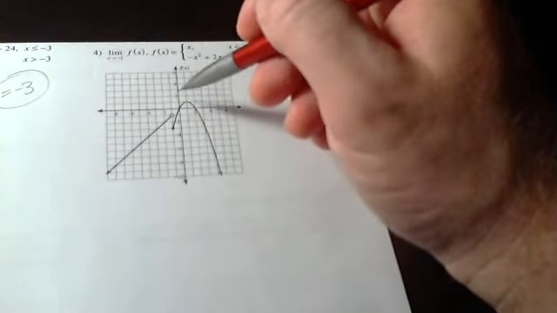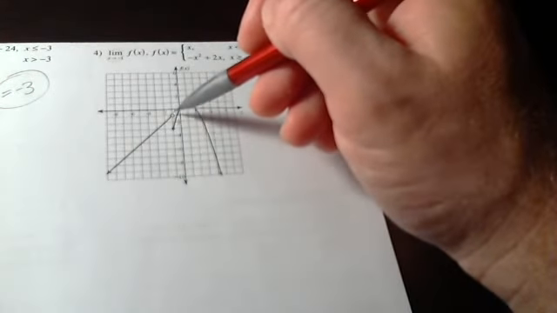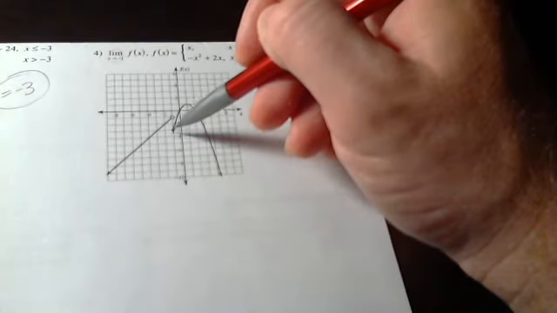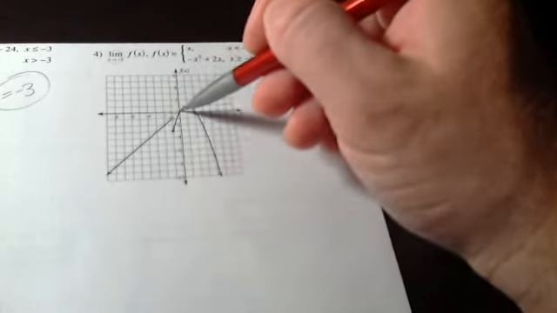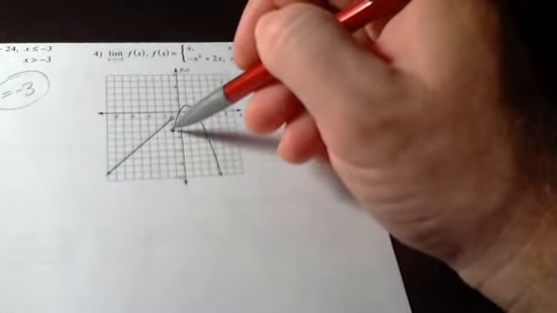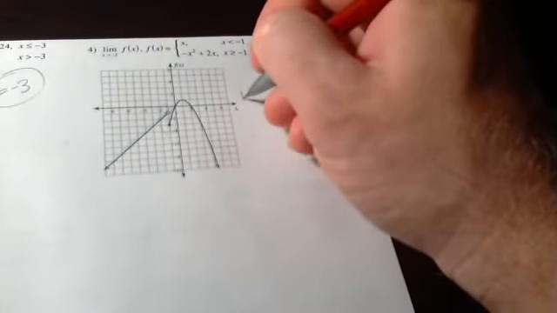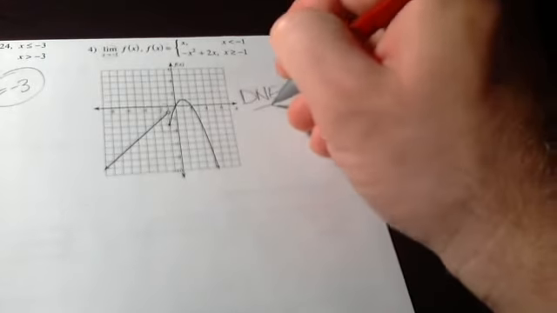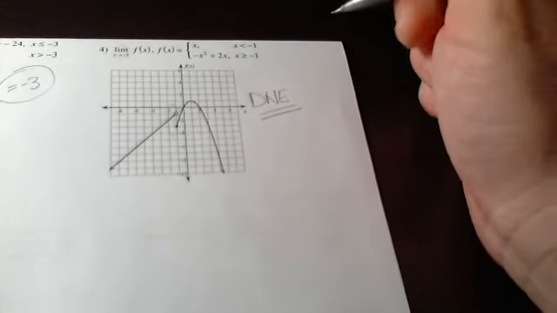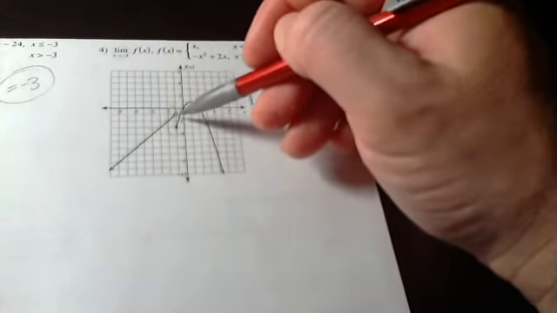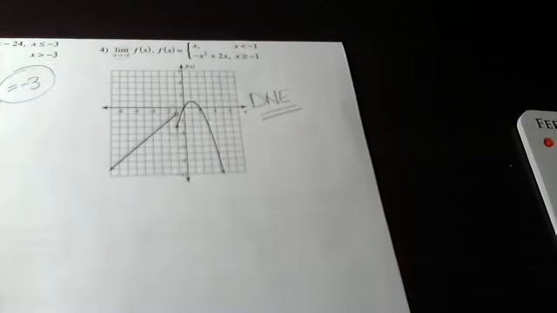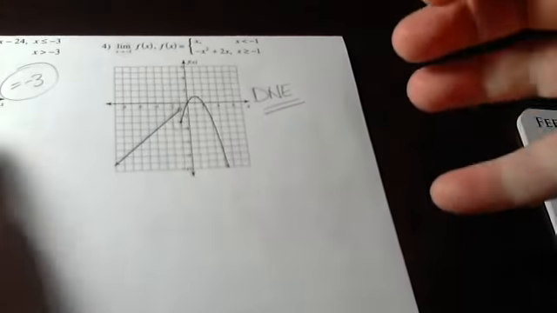At -1, the function is equal to a few different things, and the limit is different if you approach from the left or if you approach from the right. So right at the point -1, we say the limit does not exist because we have a disjoint in our graph right there.